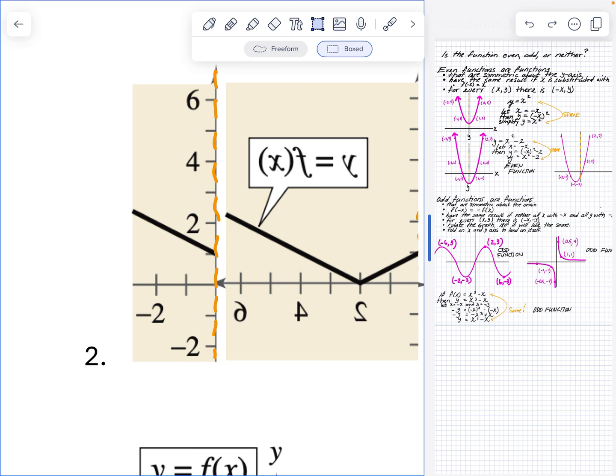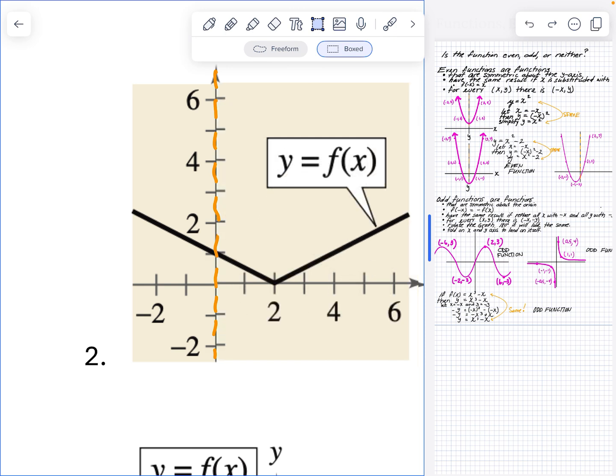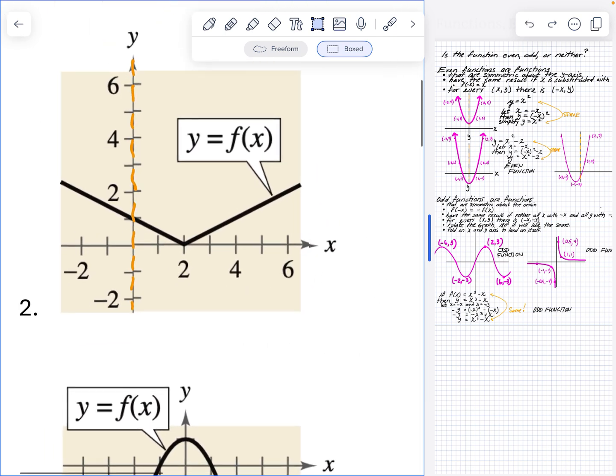It is also not an odd function. And it's not an odd function because if you fold it across the y-axis and then fold it across the x-axis, it won't land on itself either.